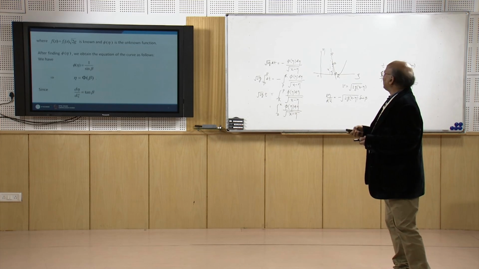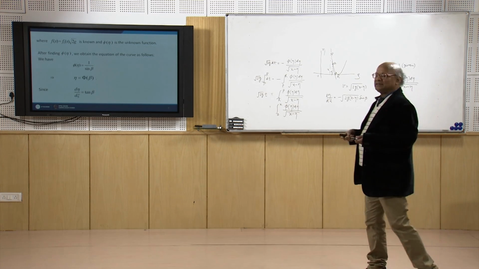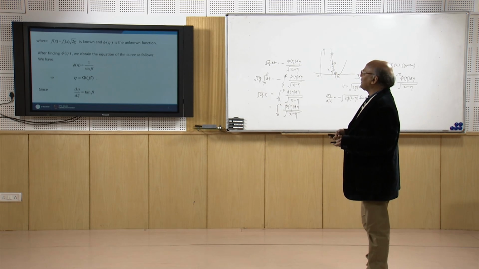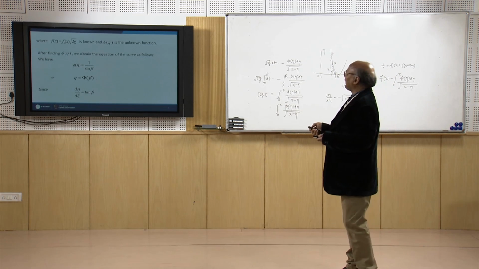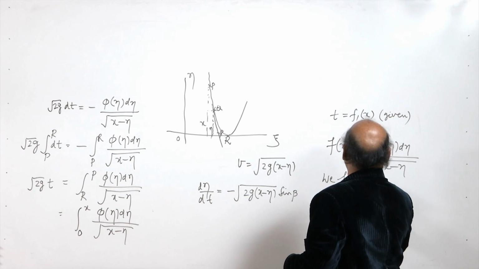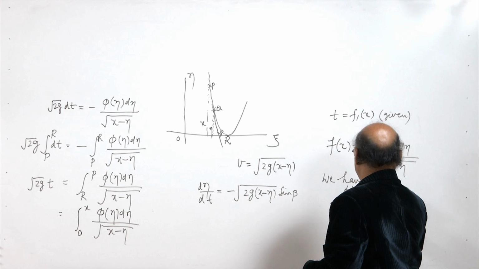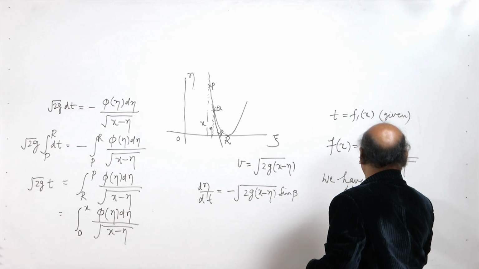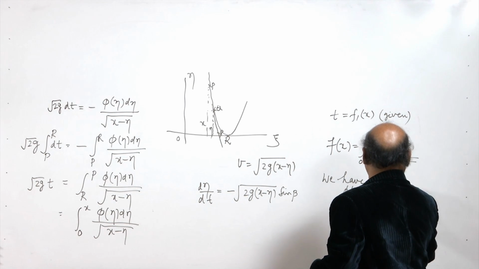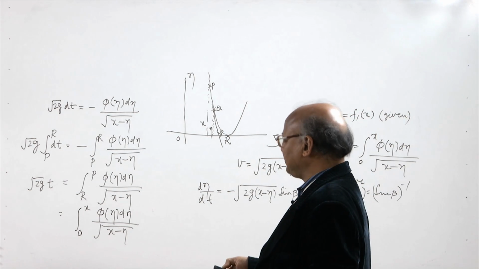So after finding the unknown function phi(eta), we can write the equation of the curve in the parametric form. We have assumed phi(eta) to be equal to 1 over sin beta.